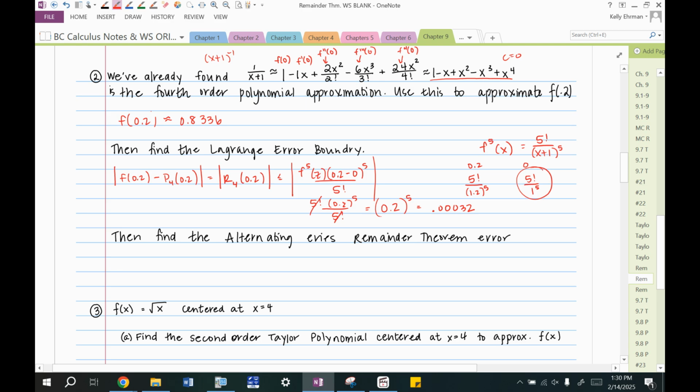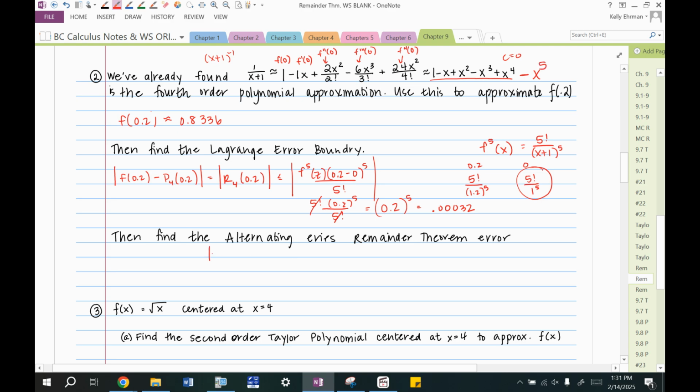Find the alternating series remainder theorem error. This one's going to be the same because what is the next term that we leave off? The next term, oh, you know what? I didn't even have to do all of that. Why am I? Oh, no, yeah, I did. The next term that I would leave off is minus x to the fifth.